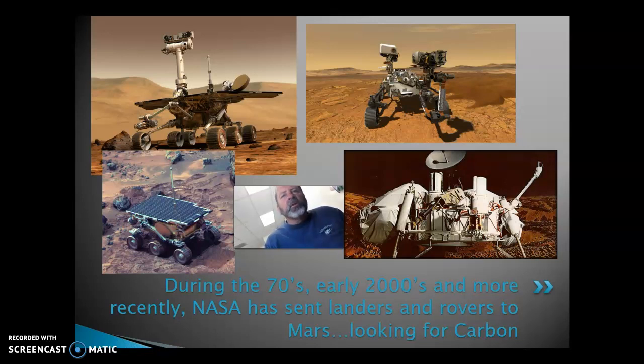In the late 90s, we sent Pathfinder in 97, and in the 2000s, we sent Opportunity and Spirit, and Curiosity's up there now, cruising around, and in a couple of months, Perseverance. One thing they have in common, they're all looking for carbon, evidence of organic compounds and life.